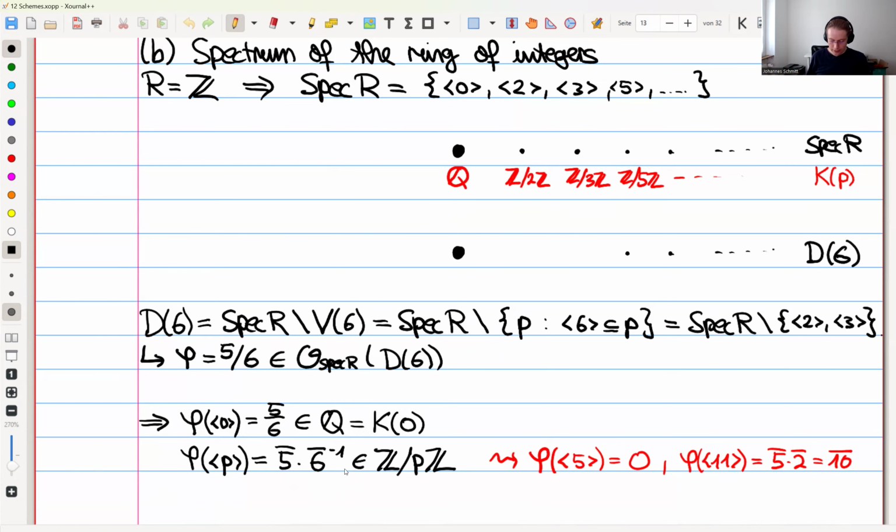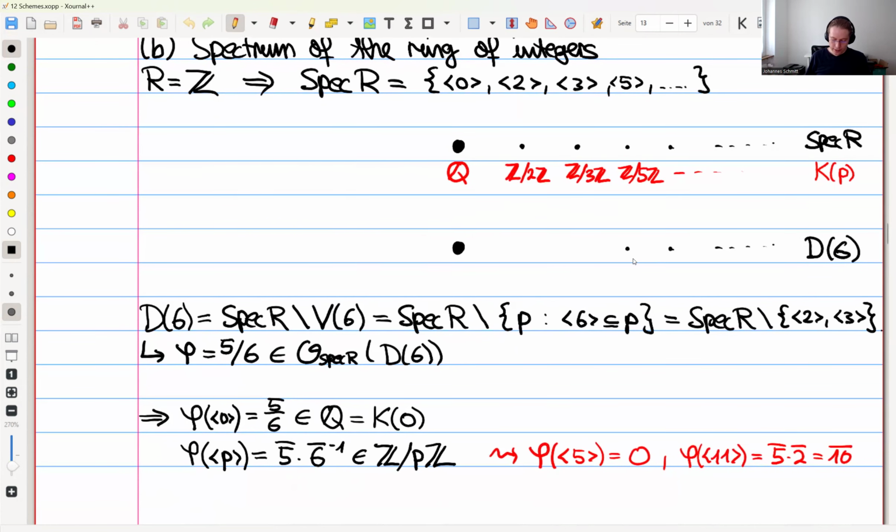And just to give an example, at this point, Z modulo 5Z, this function actually has a 0, right? Because 5 bar is equal to 0. So the vanishing locus of this function is actually exactly this single point here. And then at other points, so for example, at Z modulo 11, there you can check the inverse of 6 modulo 11 is 2, because 2 times 6 is 12, and 12 is equal to 1 modulo 11.